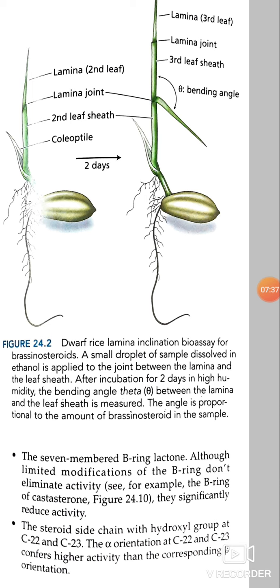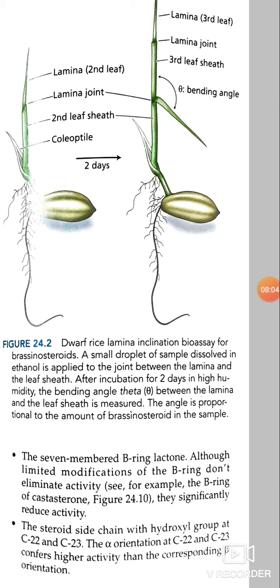After incubation for 2 days in high humidity, the bending angle theta between the lamina and the leaf sheath is measured. The angle is proportional to the amount of brassinosteroid in the sample.